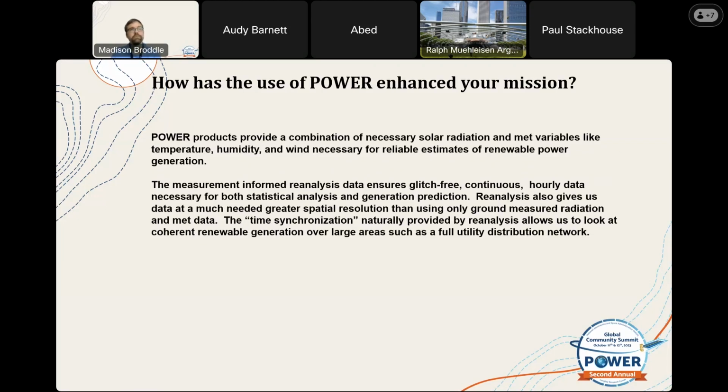The fact that your power products have a combination of solar radiation data and met variables like temperature, humidity, and wind is really important for getting our estimates of power generation. But one of the biggest things here is that because of the reanalysis, depending upon which product you pull out, you have glitch-free, continuous hourly data that lets us do this statistical analysis.